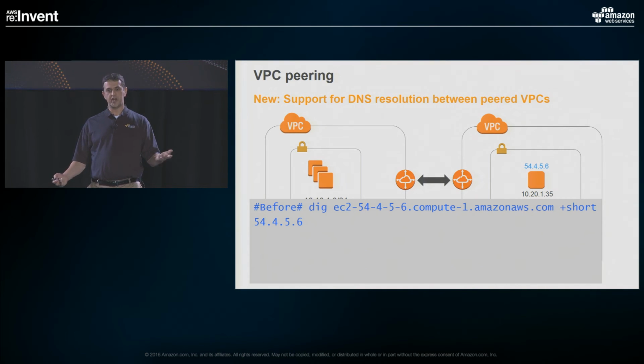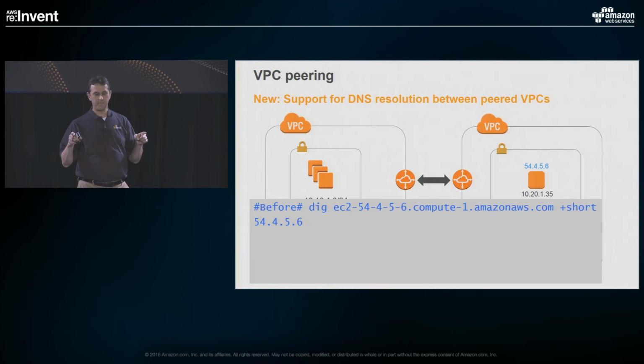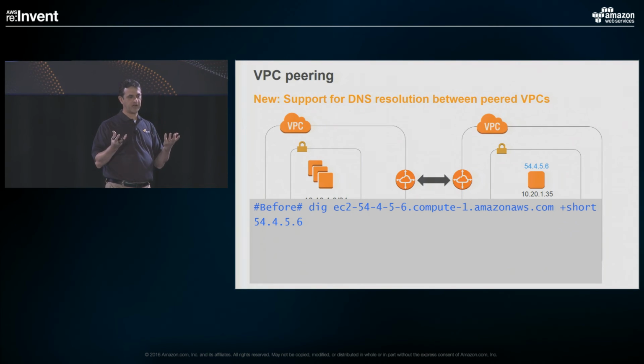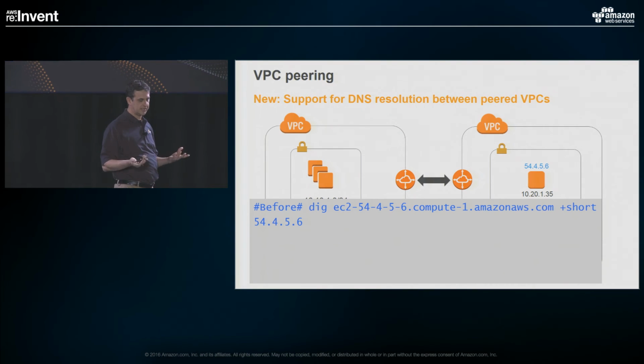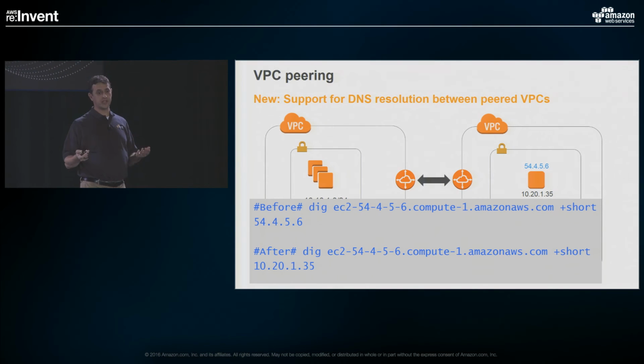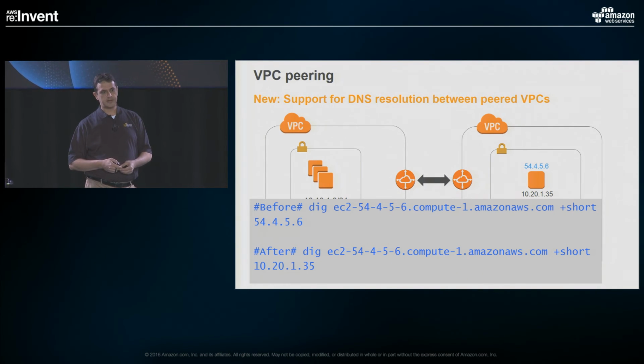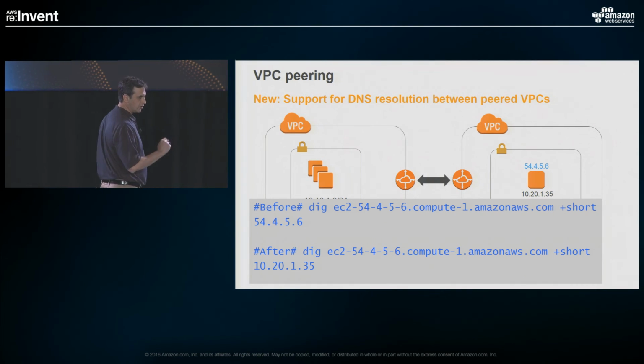Since it's a public IP address, any traffic flowing to that IP address will not traverse the peering, because the peering is between the private CIDRs between the two VPCs. With this new feature, you're able to leverage the split horizon capabilities of the native EC2 DNS service, and the DNS lookup at this point will give you the private IP address, and then you can leverage the peering connection. So this feature greatly simplifies your DNS configuration in a peered VPC environment.